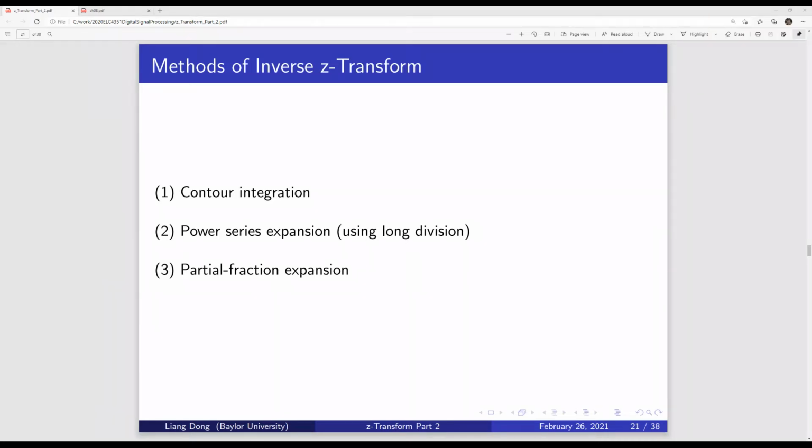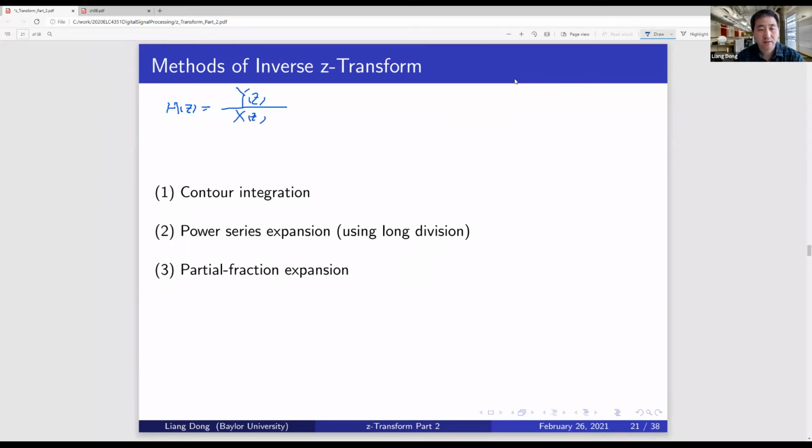So let's get started. Last time we talked about the inverse Z transform. We want to do that because now we are able to find the system function, which is right here, a capital H of Z. It comes from Y of Z over X of Z. It's coming from this division.